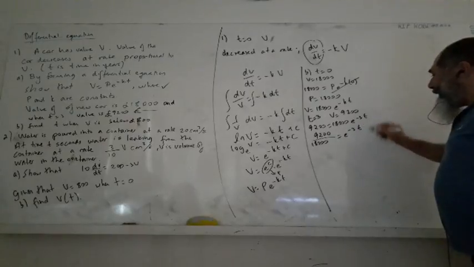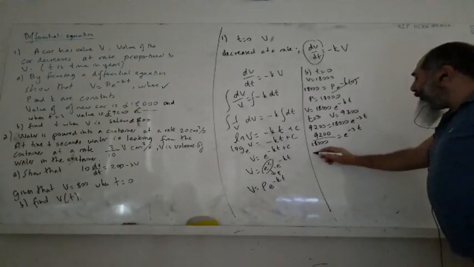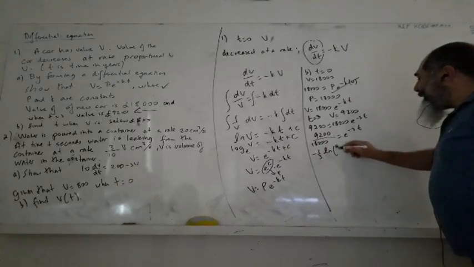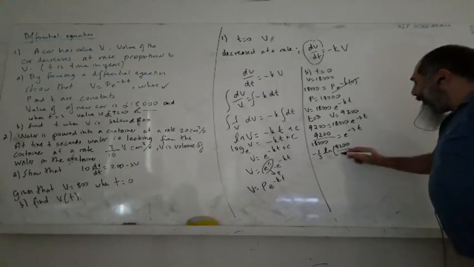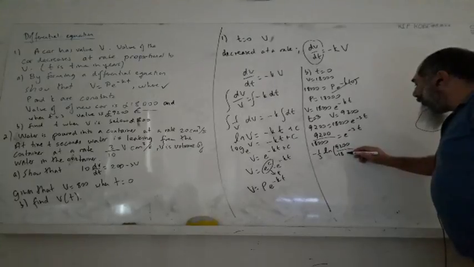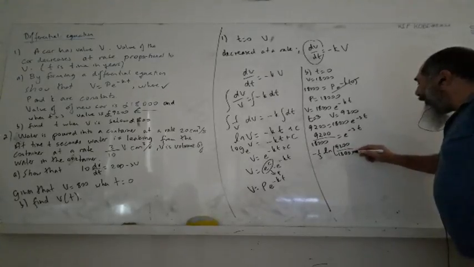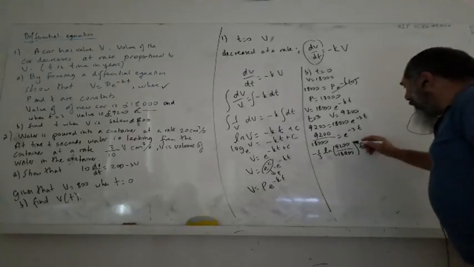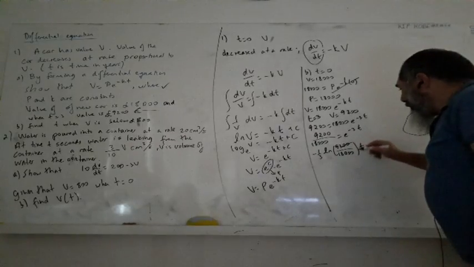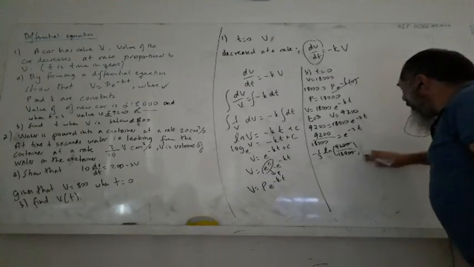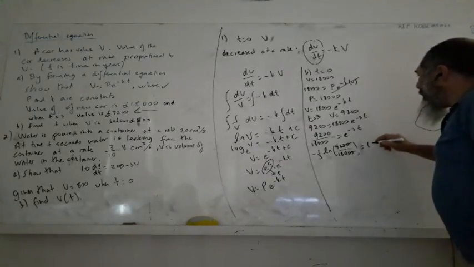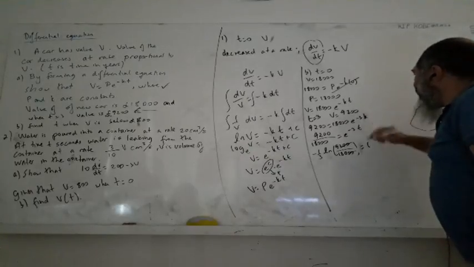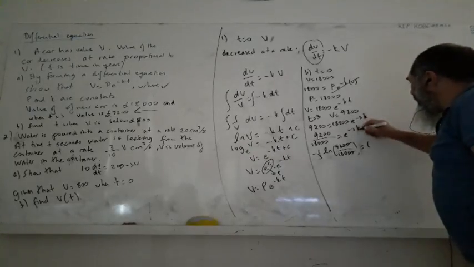So minus 1 over 3 ln of 9,200 over 18,000 is equal to k. Sorry, t is 3, this is k.